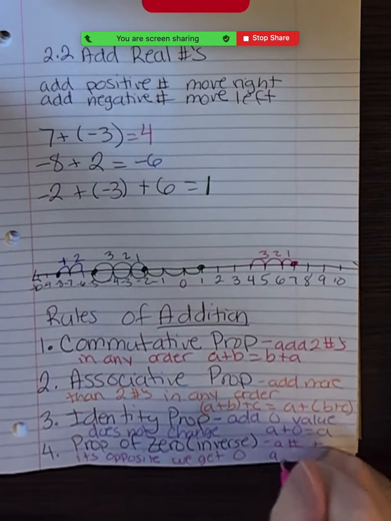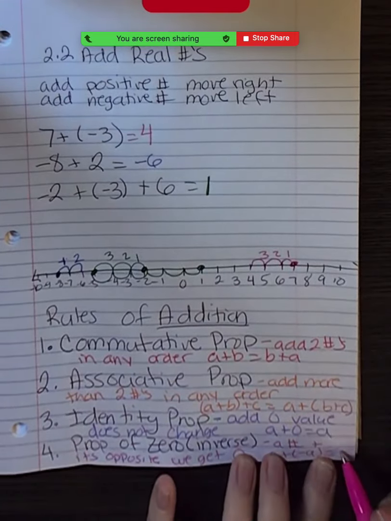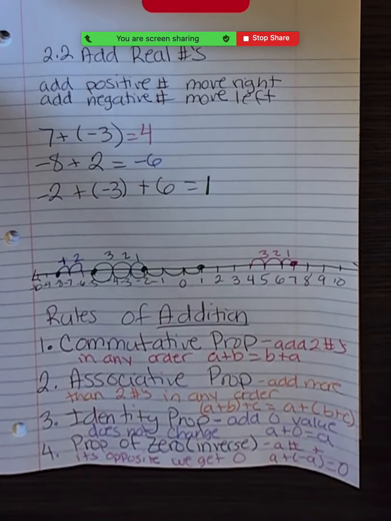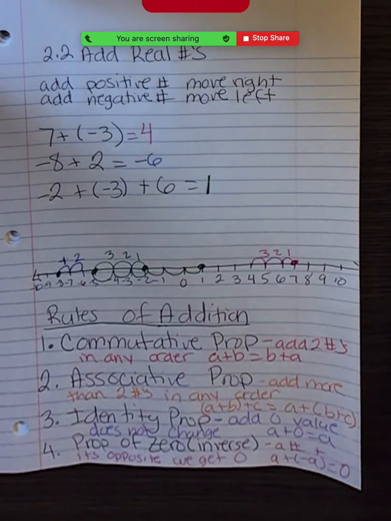So A plus the opposite of A will give us 0. All right, so these are rules that we're going to use to help us with adding any real numbers.